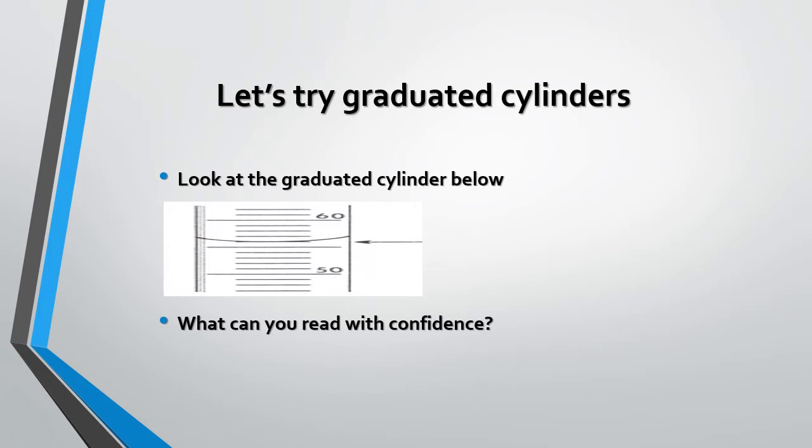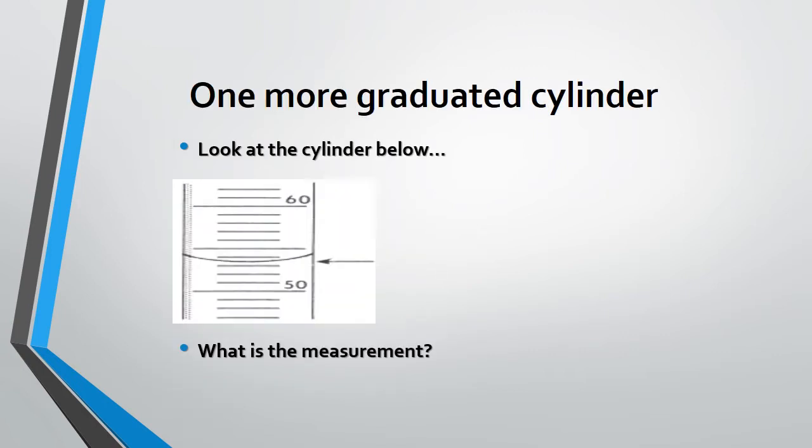Your reading is 56, but your accuracy is actually 0.1. So the new estimate, the last digit, this one, you have between 53 and 54. So your reading.